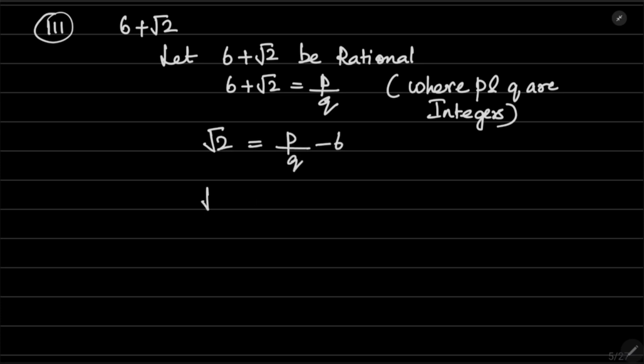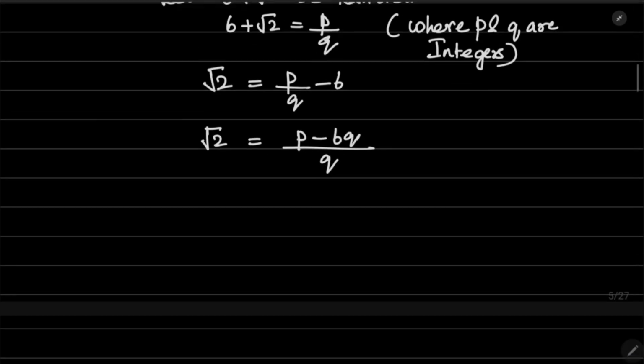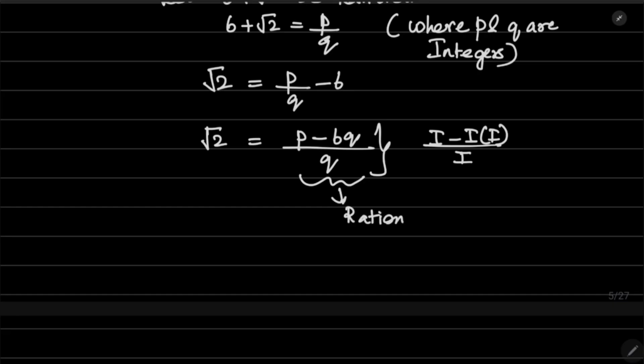Take the LCM, so root 2 equal to p minus 6q divided by q. Again here you see integer minus integer into integer divided by I. So clearly this is a rational term. Whenever you have integer over integer, this is rational, and here root 2 is an irrational number.